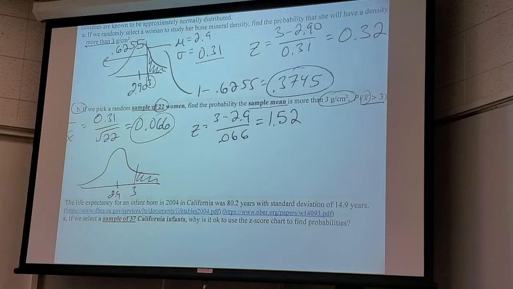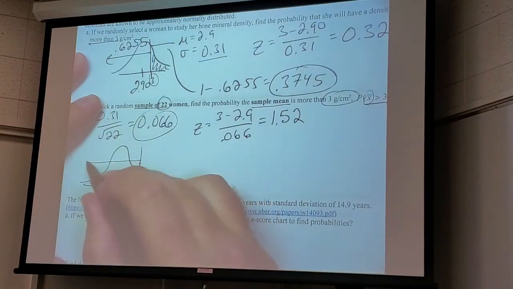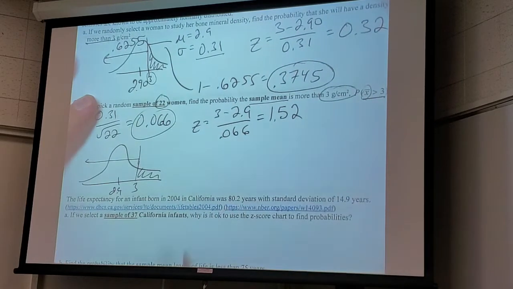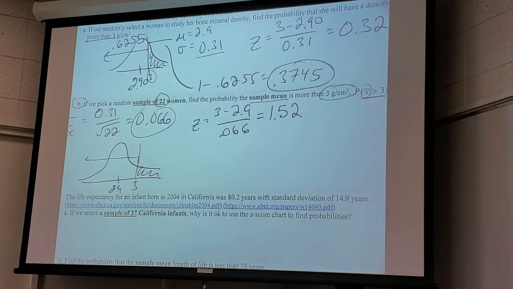All right, and then you do the same stuff, right? You look it up, you get the area underneath. Somebody else? What's the area under 1.52? Point 9357. 9357?